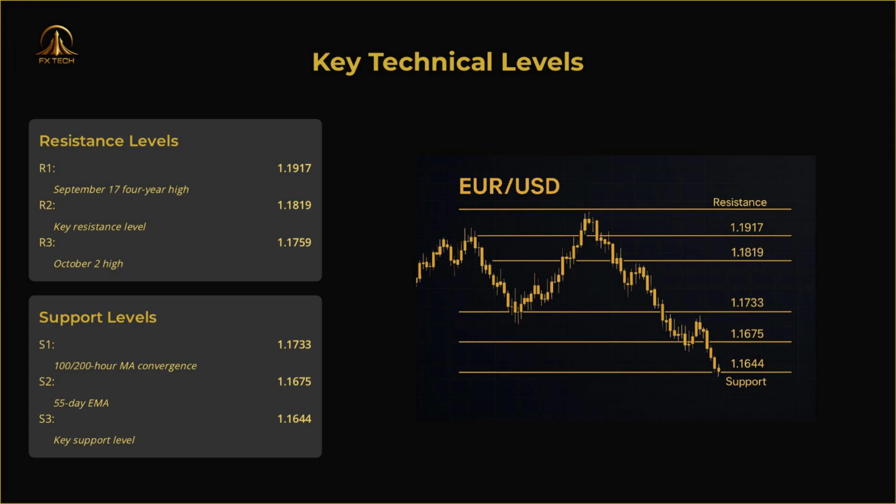Finally, 1.1644 represents a key support level that, if broken, could signal a deeper correction. The chart clearly illustrates these levels and their recent importance in price action. Note how price has repeatedly respected these zones, creating opportunities for both range-bound and breakout trading strategies.